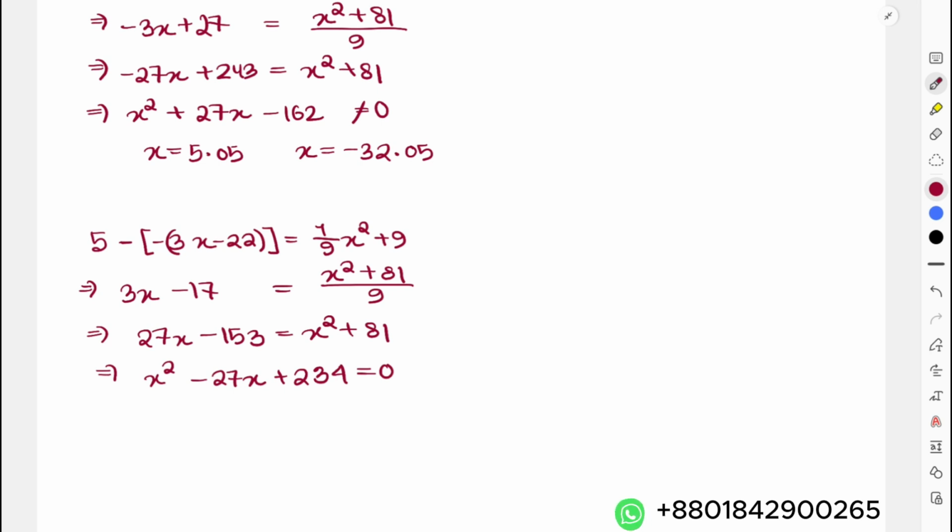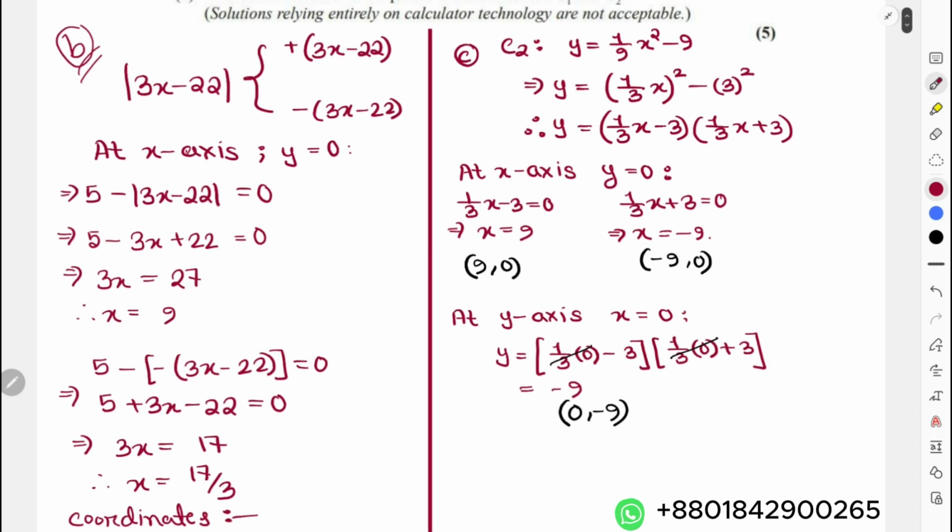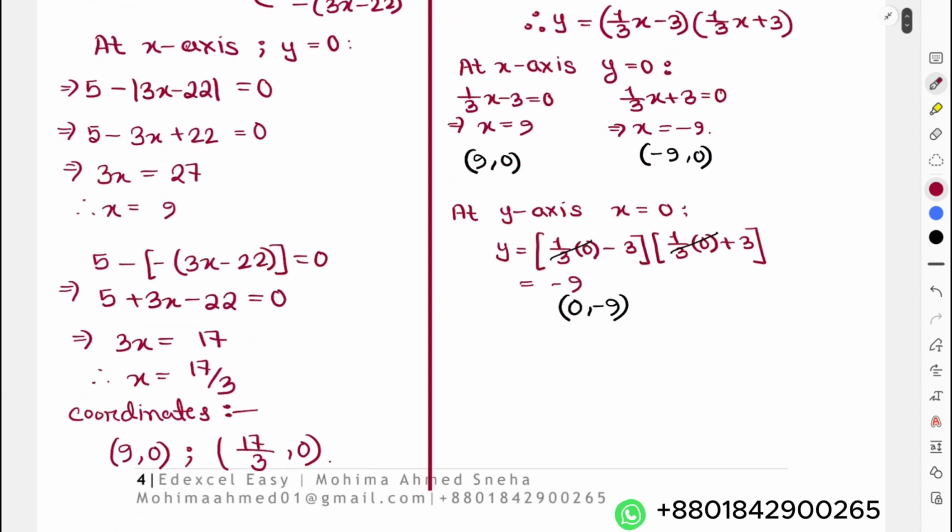Just 1 minute. Am I making any mistake? Sorry. You are supposed to get 3x minus 27 and 3x.